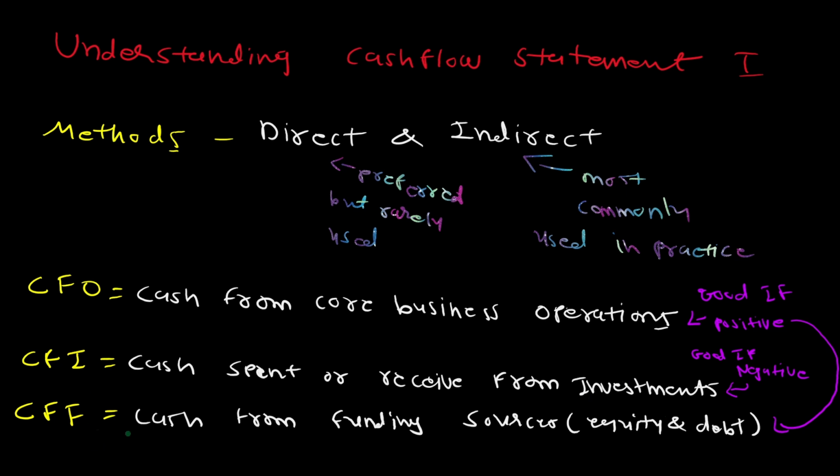Then we come to the cash flow from financing. Financing means funding sources, where the company gets its capital, equity or debt. So cash from funding sources, equity and debt, goes to the cash flow from financing.